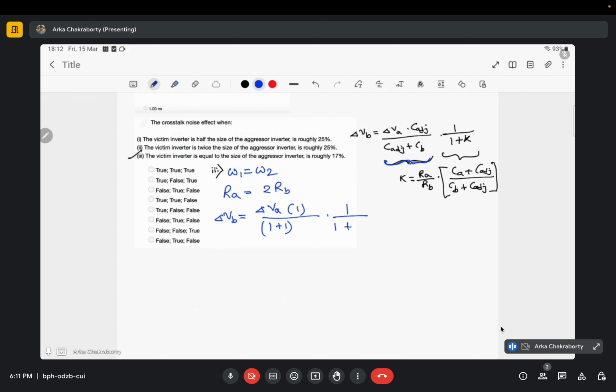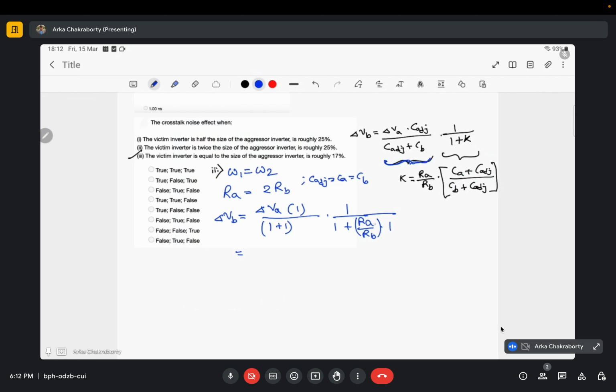As C adjacent, CA and CB are all equal, I will get only RA by RB. If W1 equals W2, RA is twice RB.